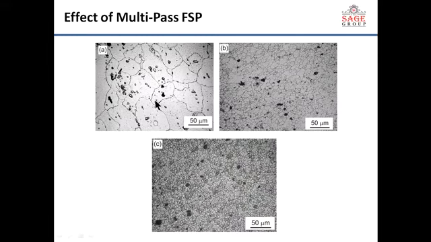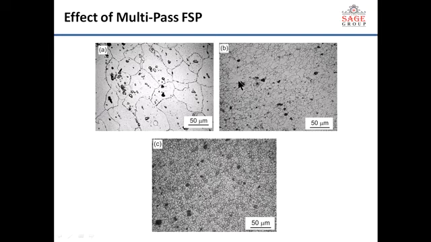These are the micrographs of aluminum alloy after processing without making a composite. We generally process without using reinforcement to see the effect of grain refinement. See, this is the base alloy, which has large grains, but when only a single pass of FSP is applied, you can see that the grain size is reduced significantly.